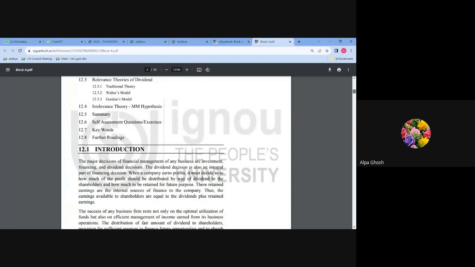When we talk about relevance or irrelevance theory, relevance or irrelevance is related to the payment of dividend that we make. When we declare dividend and the payment is made, how is it going to affect the value of the company?